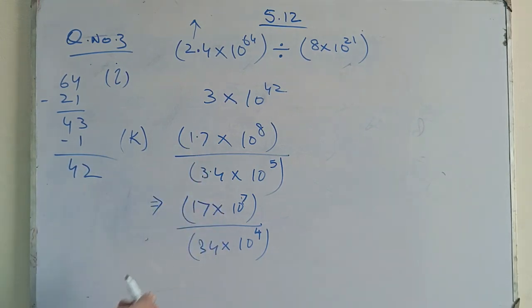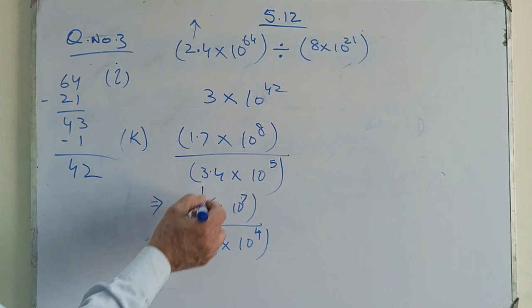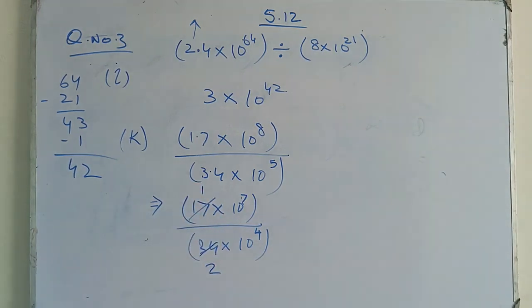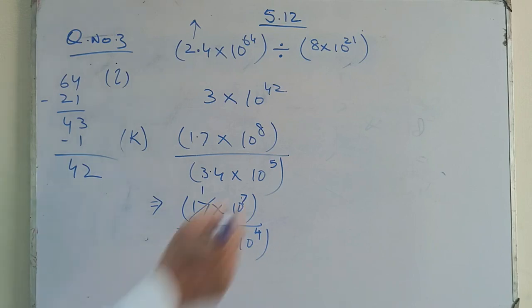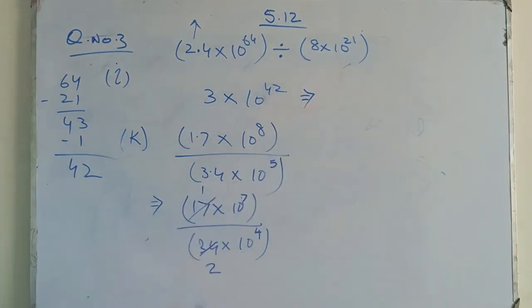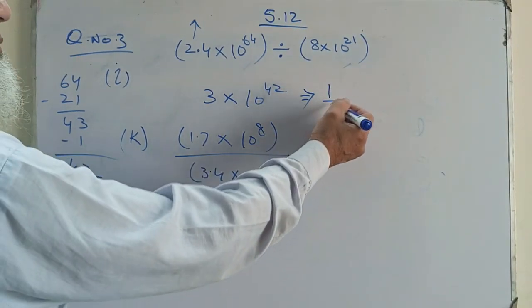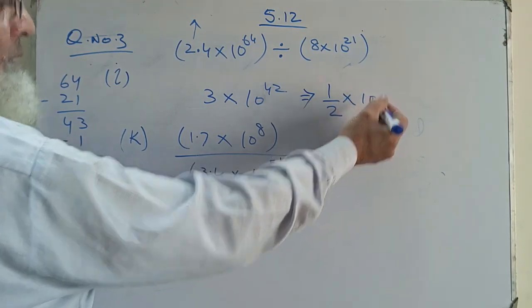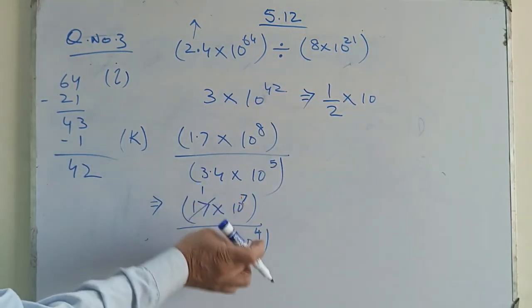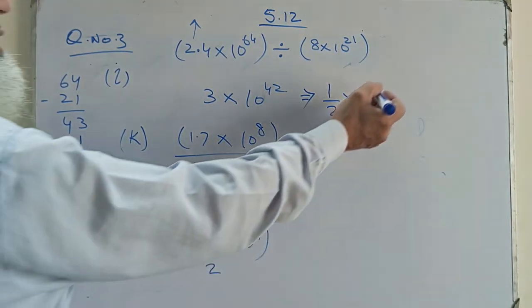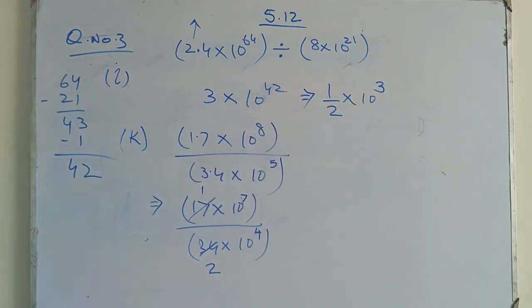Now this is very simple. 17 1 times 17 and 17 2 times 34. So it will become 1 by 2 into 10 raised to power, now just subtract 4 from 7, it will become 3. But it is not finished as yet.